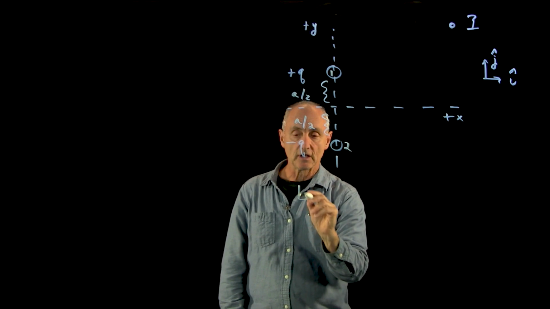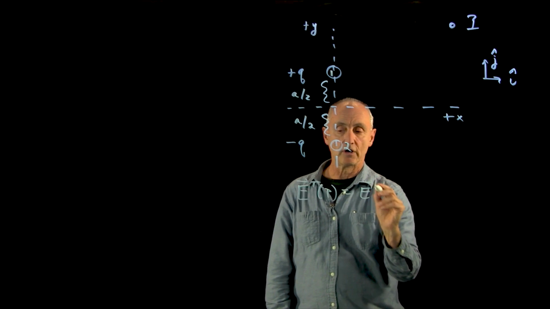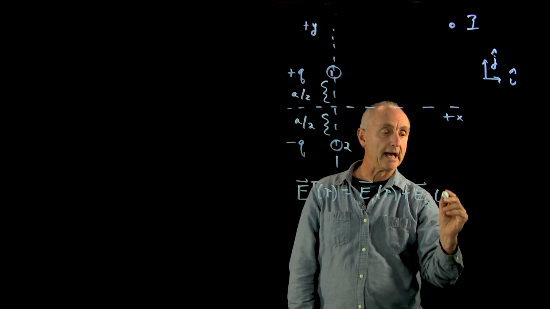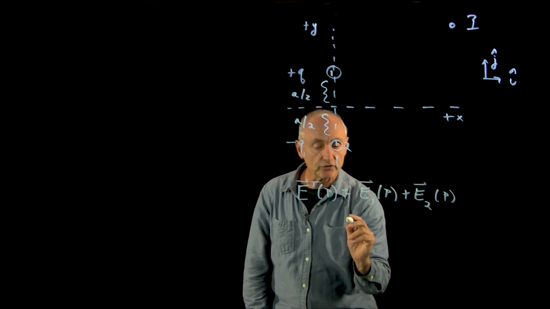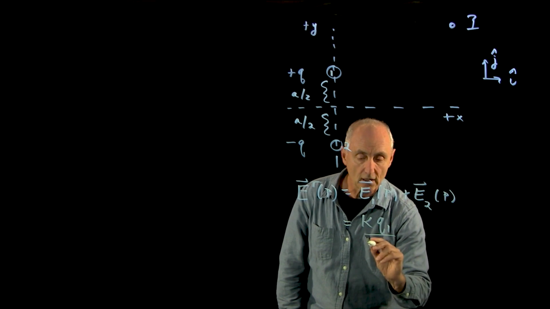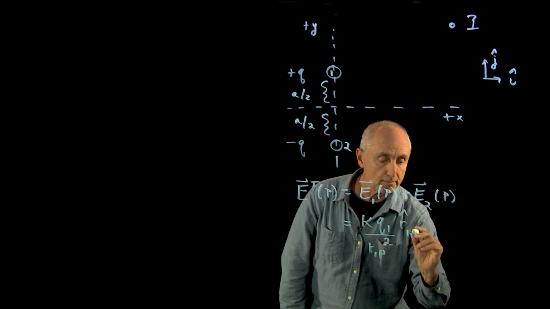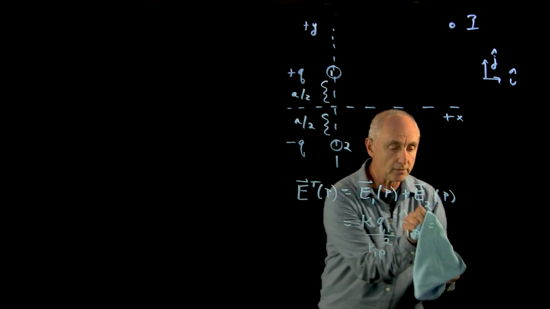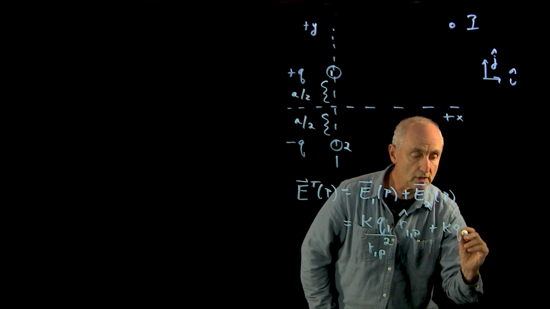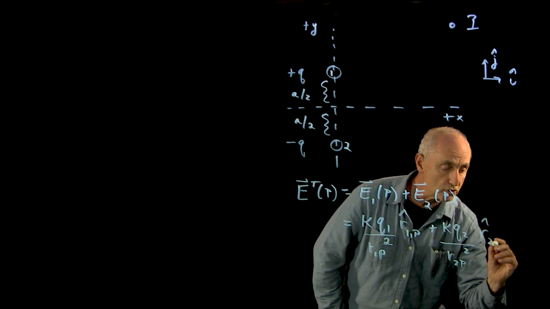Now, the electric field, by definition, at the point P, total, is the electric field of charge 1 at P plus the electric field of charge 2 at P. Now, those fields we've defined as k Q1 over R1P squared, R hat 1P, plus the other one, which is equal to k Q2 over R2P squared, R hat 2P.